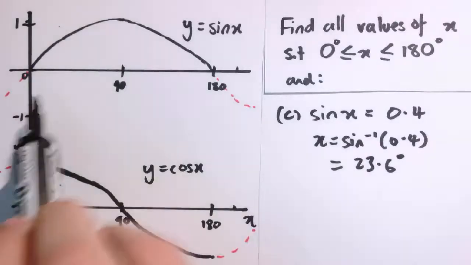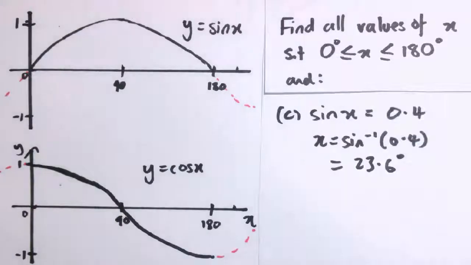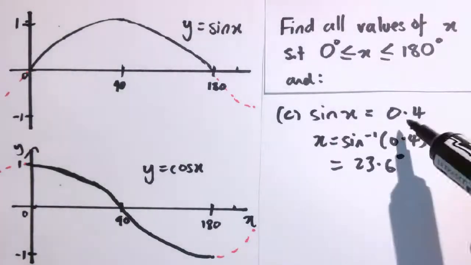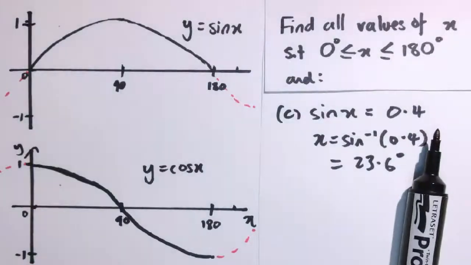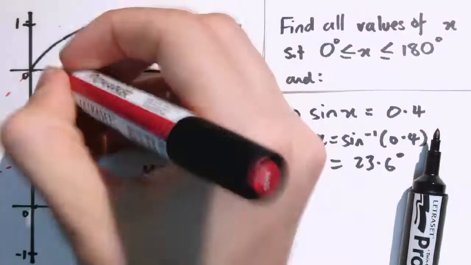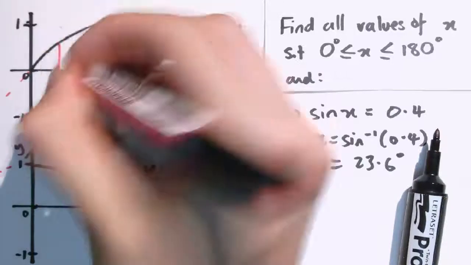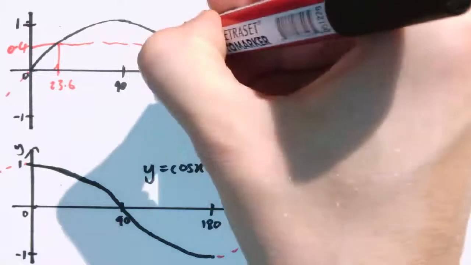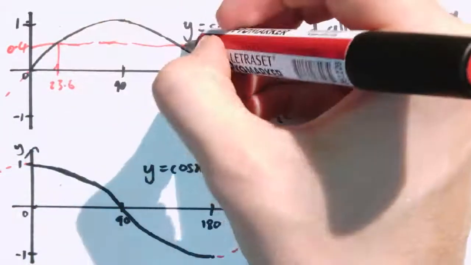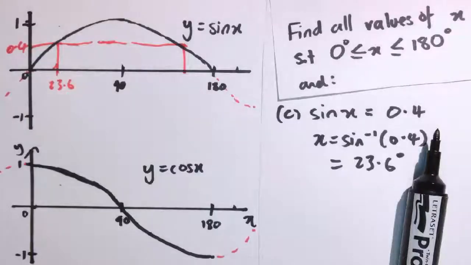But in this range between 0 and 180 degrees, that's not the only value that has sine of x equals 0.4, because if there's that position there, which is 23.6 degrees, where it's 0.4, well actually if we go all the way over here as well, there's going to be another one just here which has also got a sine ratio 0.4.